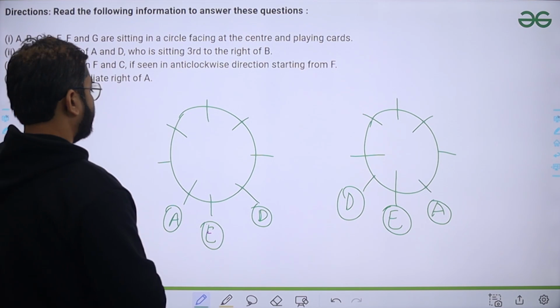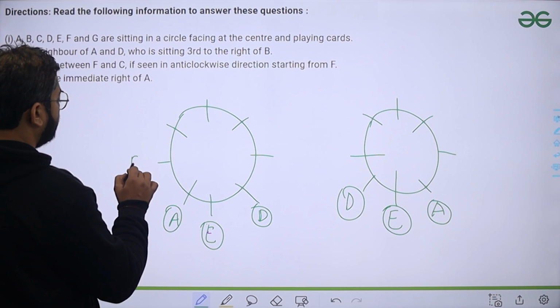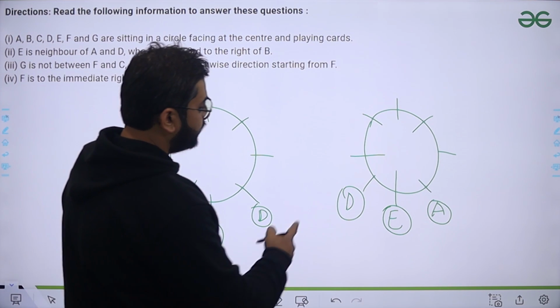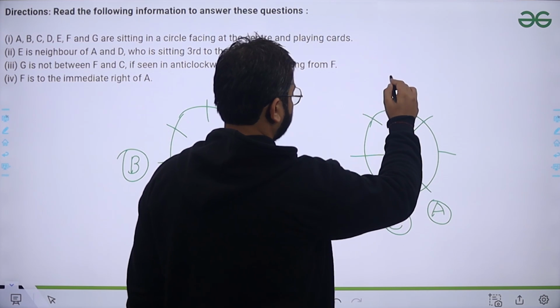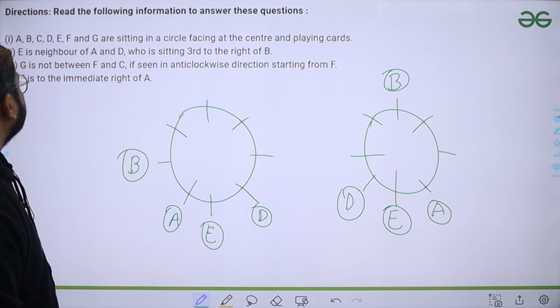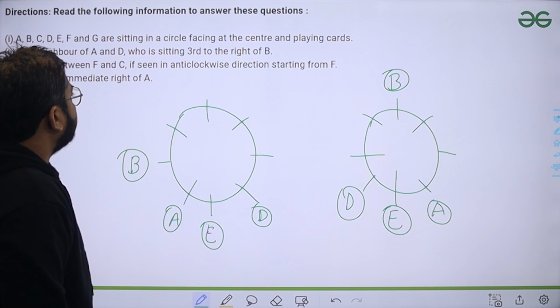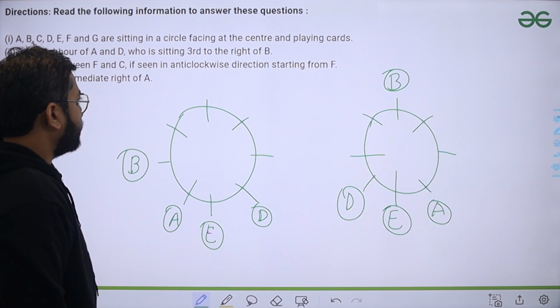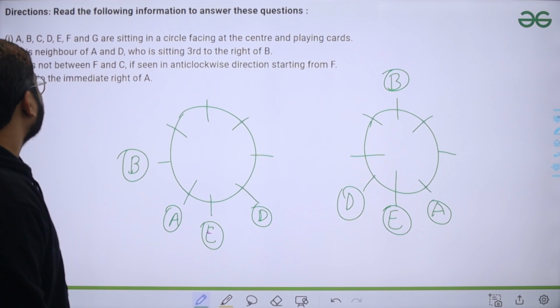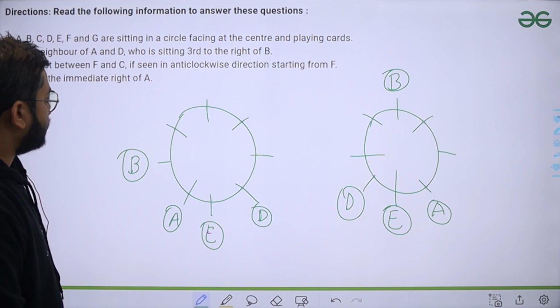If D is here, then B will be here. G is not between F and C if seen in the anti-clockwise direction starting from F. F is the immediate right of A.